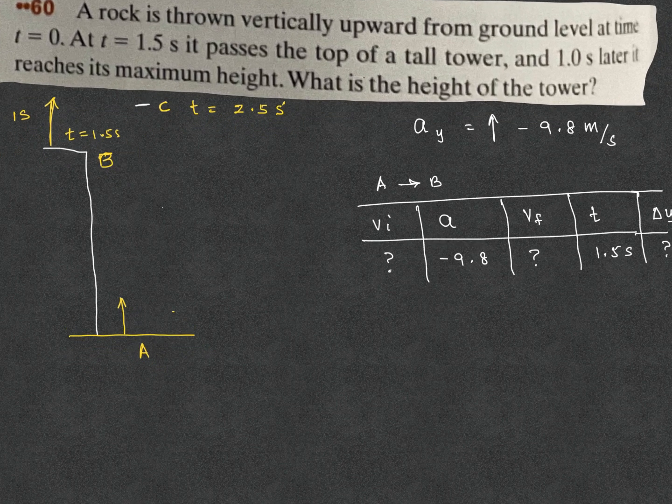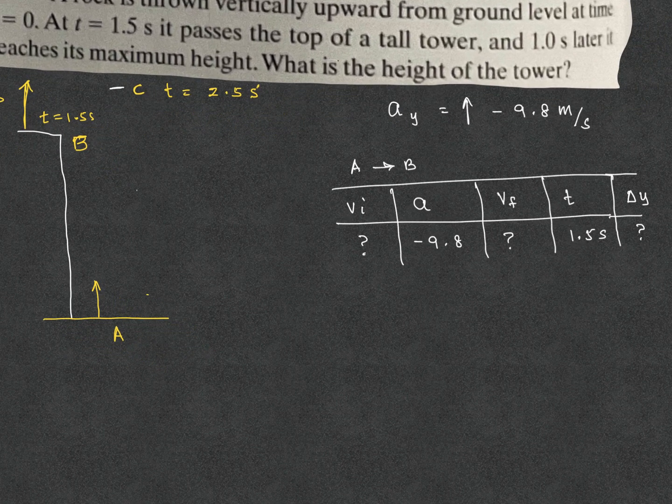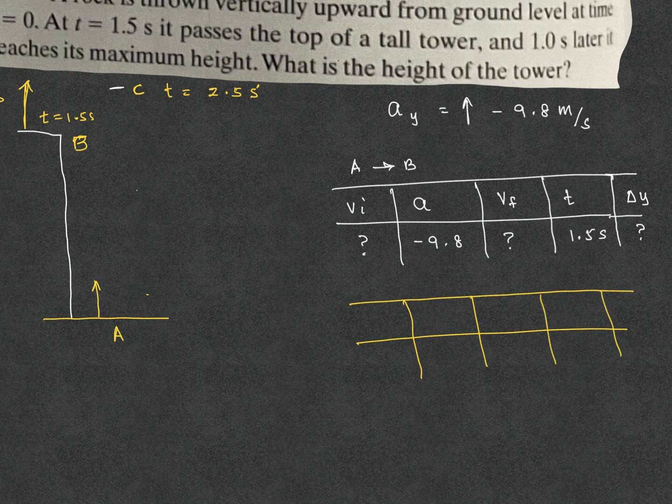And then I am going to take another. I am going to do the B to C motion now. It's pretty straightforward, right? At the top we have final velocity 0, initial velocity we don't know, acceleration is negative 9.8, and the time is 1 second.